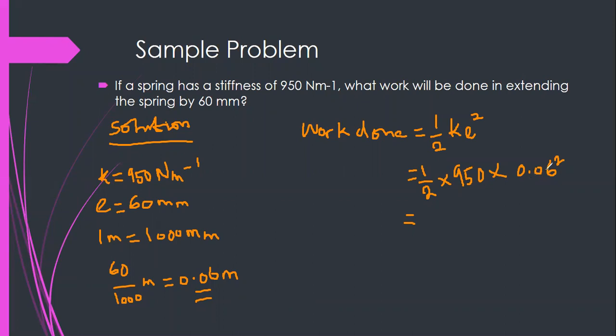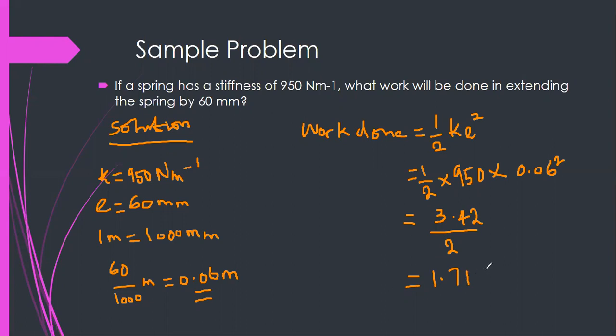So 950 times the square of this, we should have 3.42, then divided by 2. So when we divide, what do we have? 3.42 divided by 2, we should have 1.71. So this is the work done.